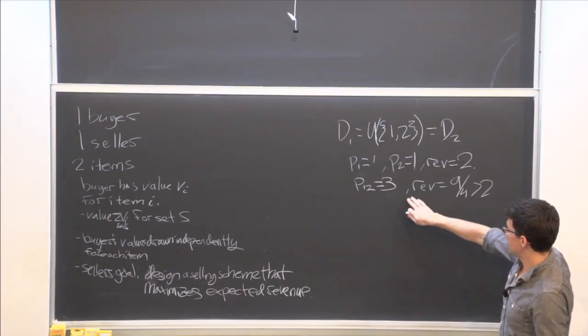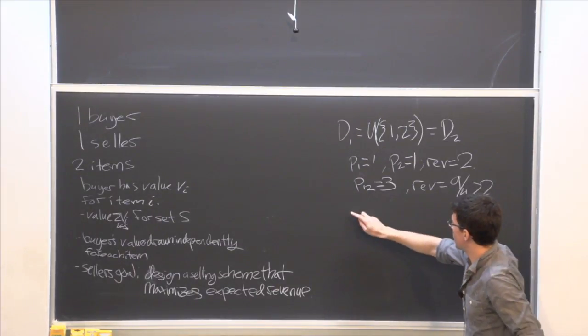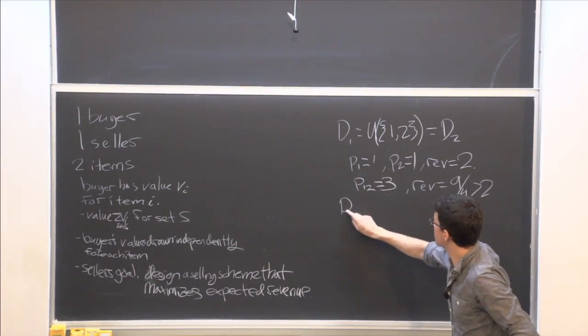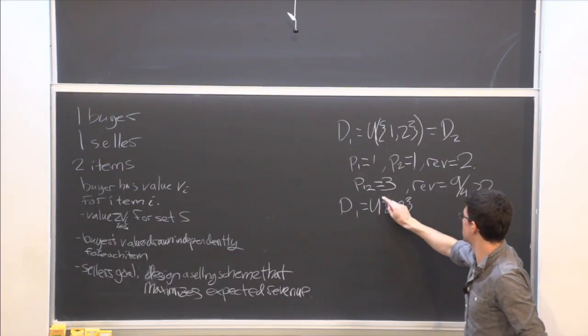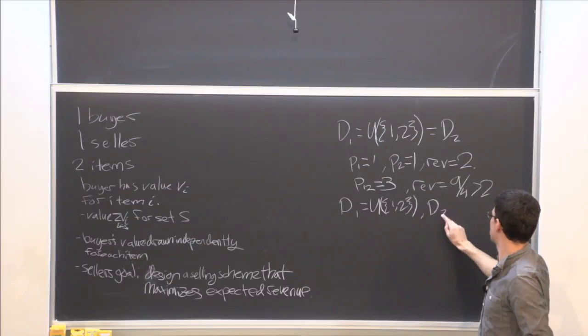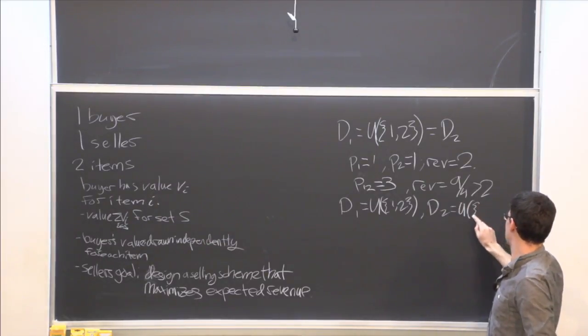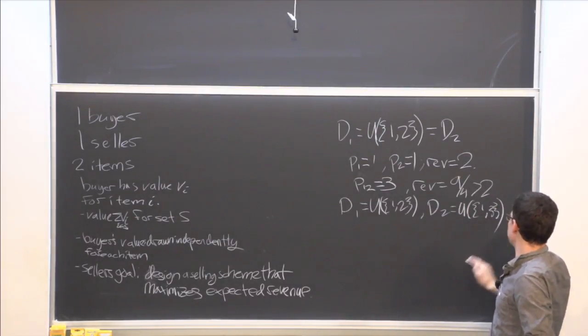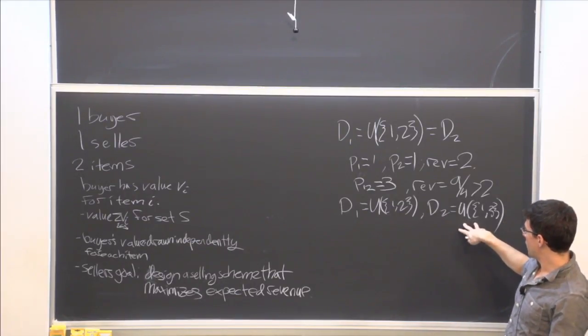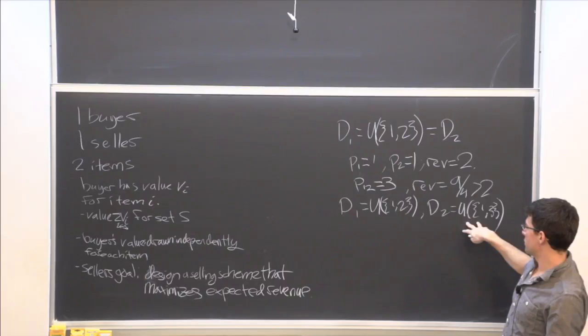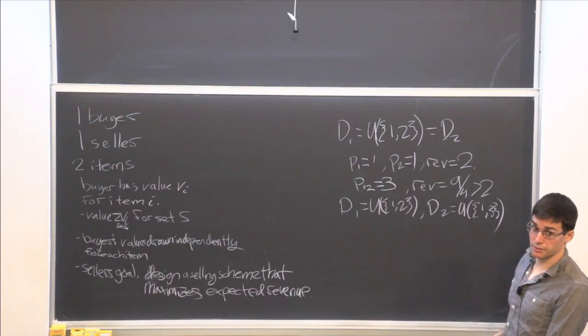So let's change this a little bit and now say, okay, so let's say now the distributions aren't identical and the second value is drawn from uniform 1, 3.